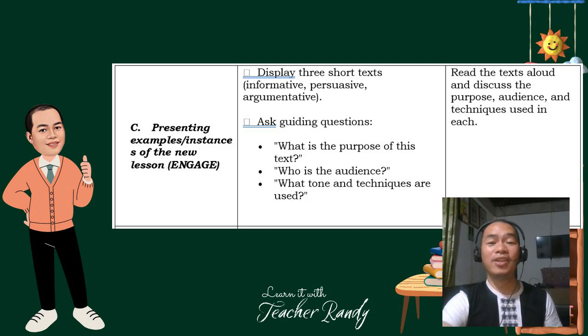In this lesson, the teacher presents three paragraphs: informative, persuasive, and argumentative, and guides students in analyzing their differences. These examples serve as a bridge between prior knowledge and new learning.